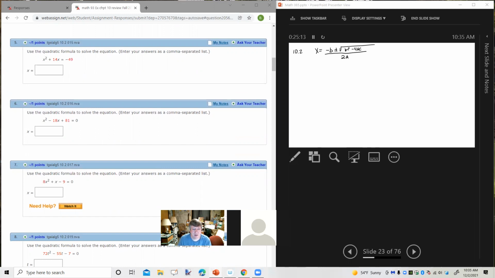Enter your answers as a comma separated list. So we've got x squared plus 14x equals negative 49. The first thing I need to do is get the second degree or quadratic equation in standard form. That is ax squared plus bx plus c equals 0.